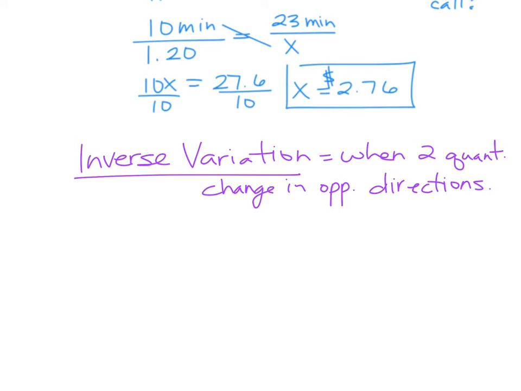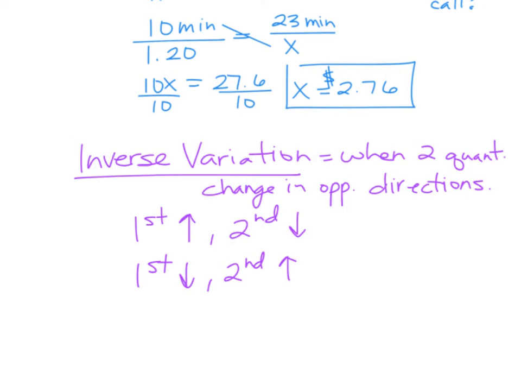Okay, two quantities change in opposite directions. So if the first quantity is going up, then the second quantity is going down, right? If the first quantity is going down, then our second quantity is going to be going up. Okay, so they'll go opposite directions.